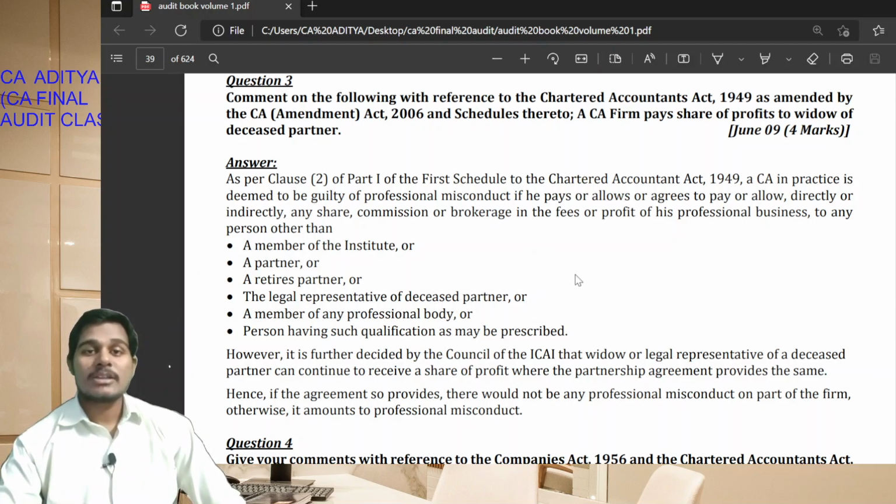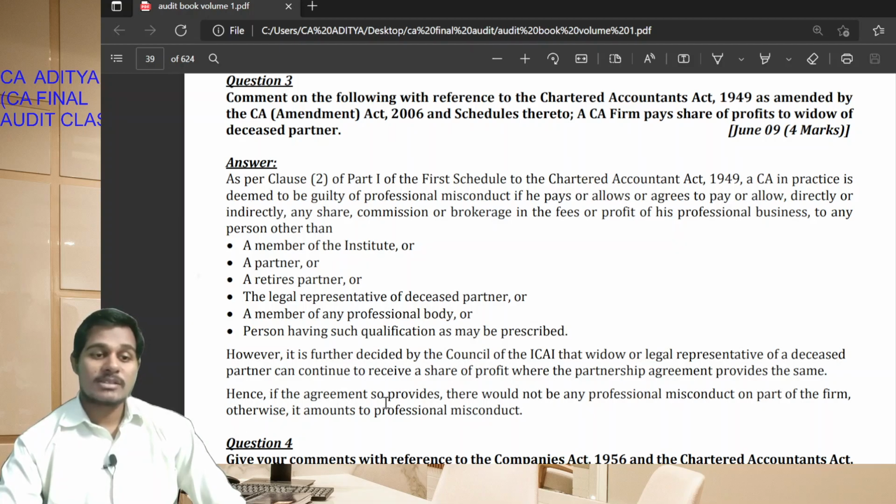In the present case, it is assumed that it has been provided in the partnership deed that when the partner has died, his wife is going to receive the share of profits. Then the partnership firm will not be deemed to be guilty of professional misconduct, because if it is provided in the partnership deed to provide the share of profits to the wife of a deceased partner, then it will not be professional misconduct.